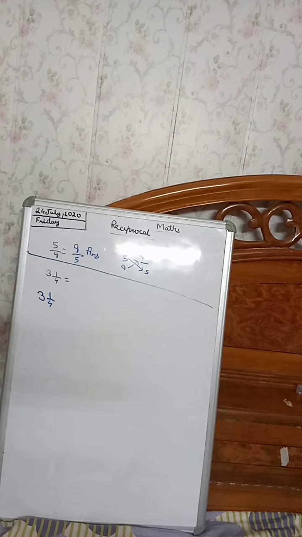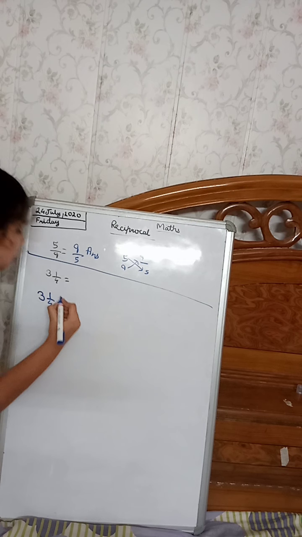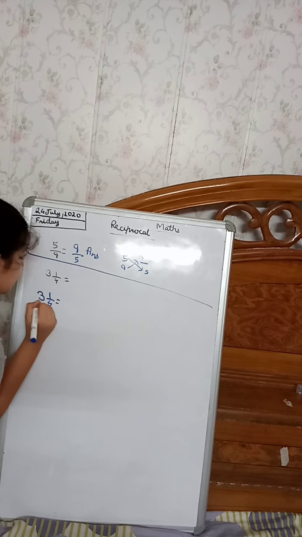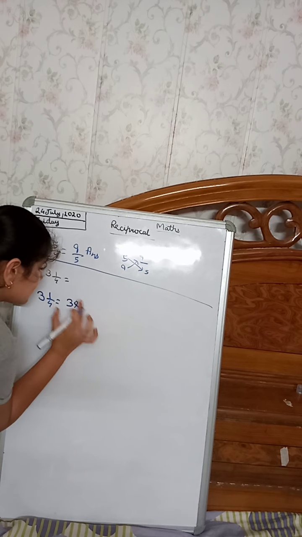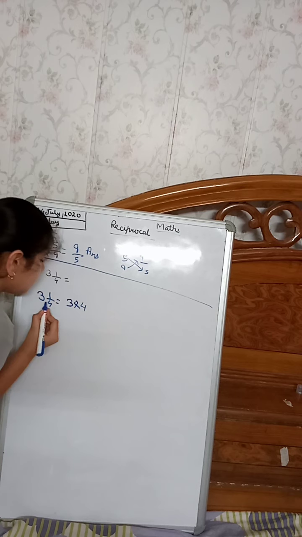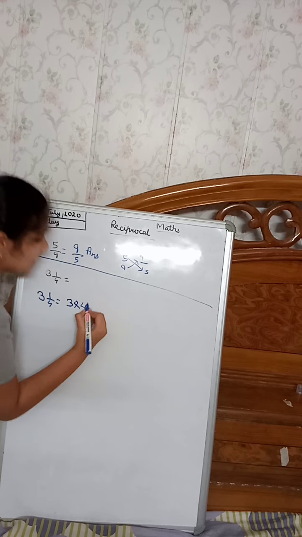The trick is: middle term multiply lower term plus upper term. So here 3 is the middle term. We will multiply it with the lower term, that is 4. Then we will add the upper term, that is 1.